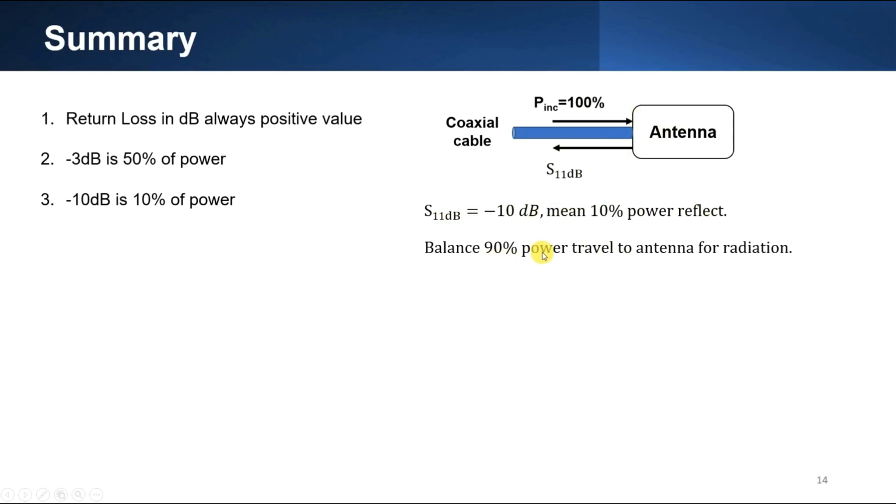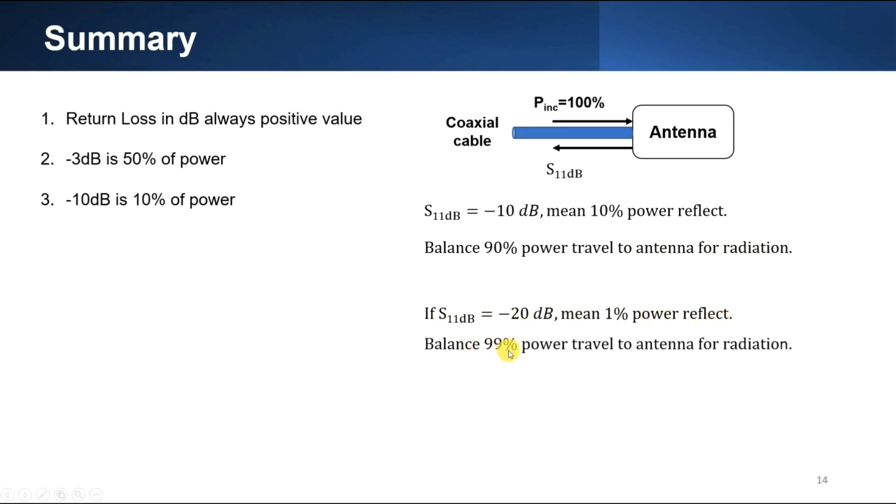The balance of 90% travels to the antenna for radiation. If your S11 is equal to negative 20 dB, it means 1% of the power is reflected, and the balance of 99% travels to the antenna for radiation. Therefore, the lower the S11 negative value, the less power is reflected, and the more power can travel to the device or the antenna for radiation.